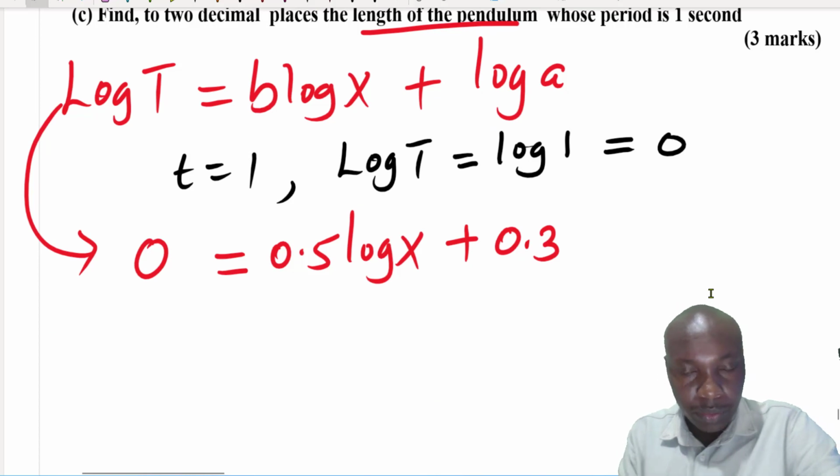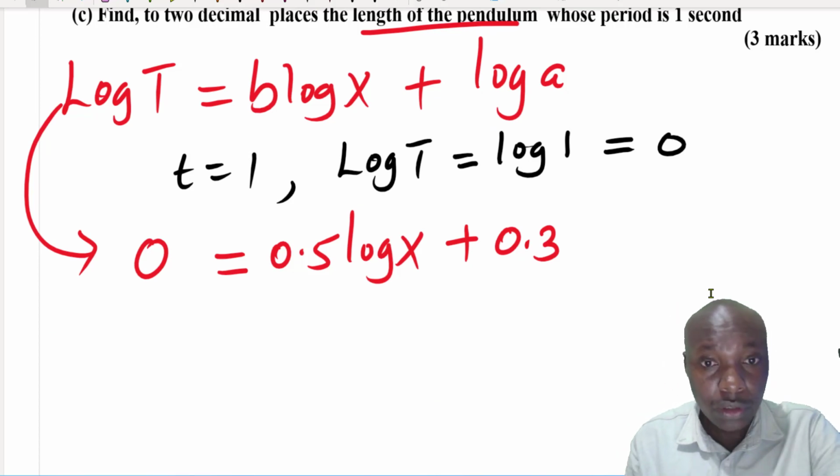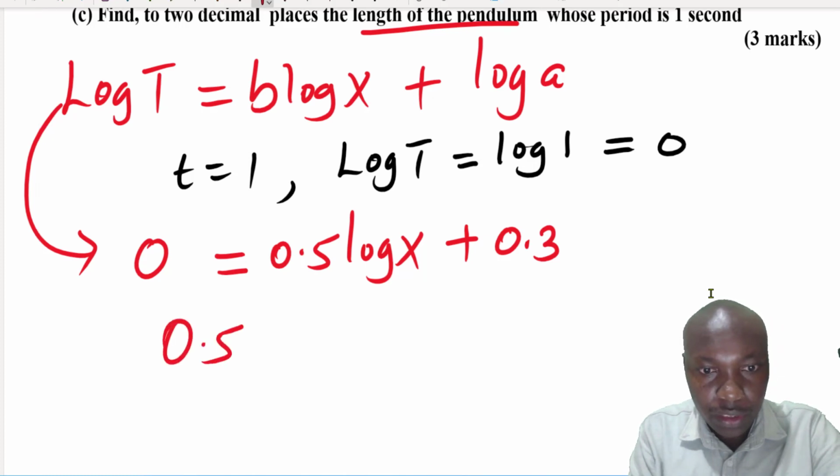When you substitute these values in this equation, we'll be left with log x, and x would give the length of the pendulum. X is what you are looking for.